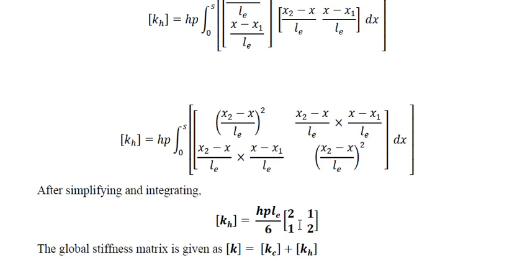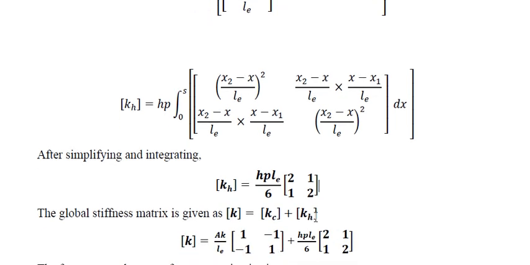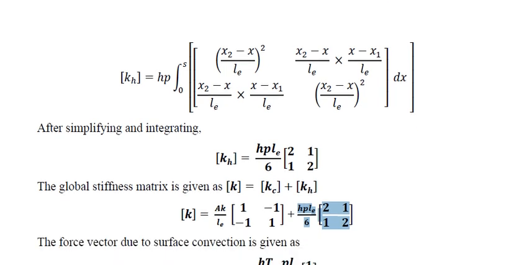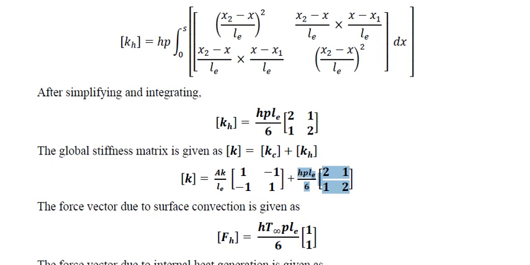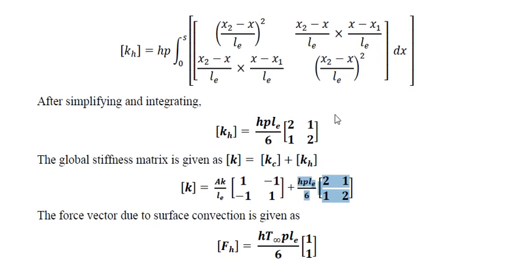So the global matrix will be conduction plus surface convection. That is the global conductive matrix with surface convection.